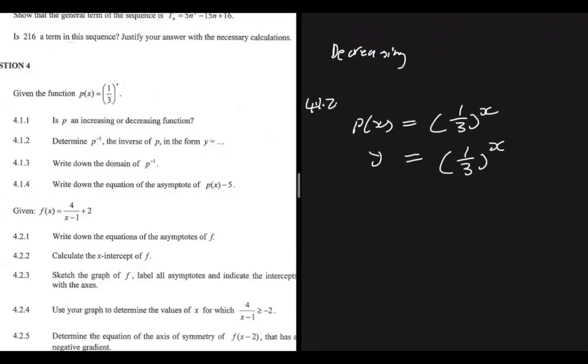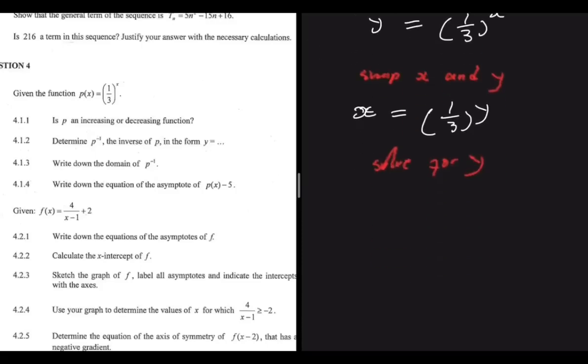So when you want to find the inverse, the first thing you want to do is to swap x and y, right? So if we go ahead and do that, we're going to have x in place of y, and then in place of x, we now put y. And then from there on, all you just need to do is solve for y. As soon as you solve for y, then you're going to have the function you're looking for.